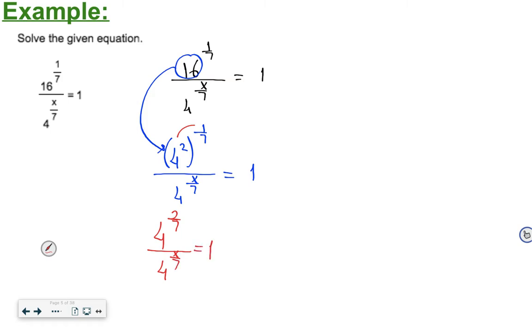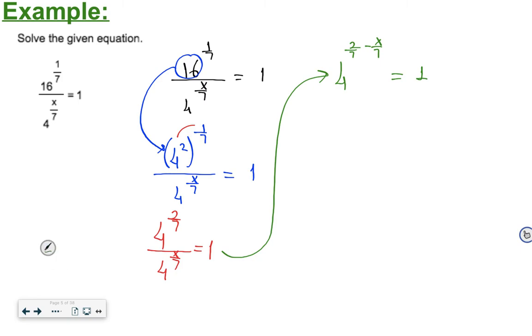Now, our bases are equal. If we divide two exponents with the same base, how can I combine it? You should subtract powers. So let's do it. 4 to the power 2 over 7 minus x over 7 is going to be equal to 1. I have a question.